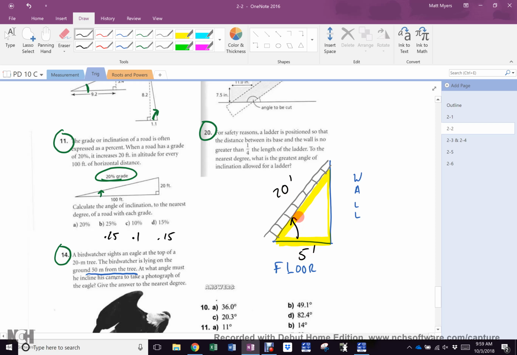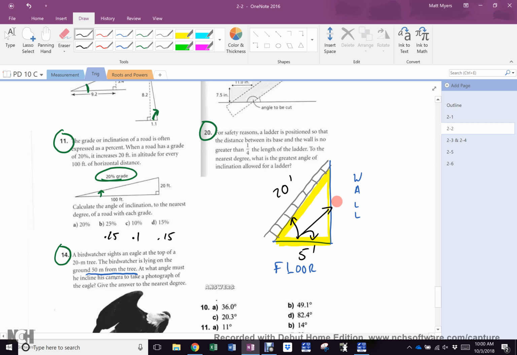Now, I want this angle. Hey, wait a minute, Mr. Myers. You haven't told us how to find the angle when we have a hypotenuse. You've only told us how to find the angle when we have this side and this side. So what do I do? Pythagoras. Because you have to pretend like you've never seen cosine, like half the class said. What would you do?